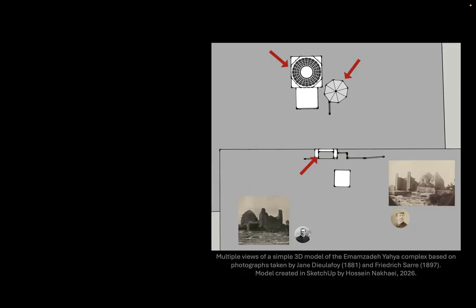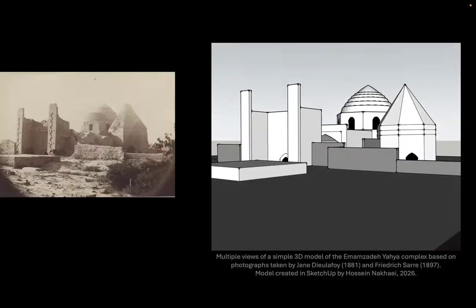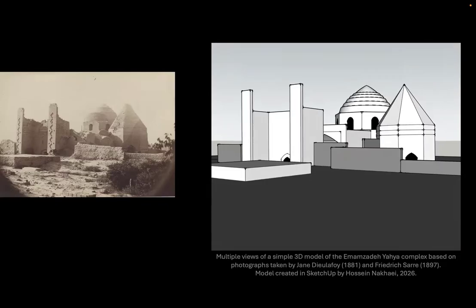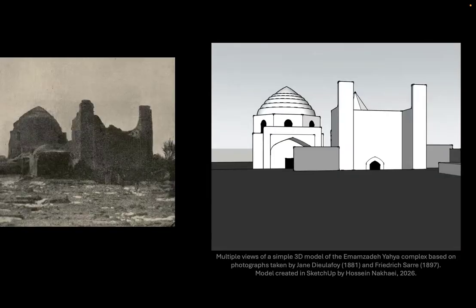Even small modifications that improved alignment in one view could create distortions in the other. Through this back and forth process, a configuration gradually emerged that is consistent with both photographs.